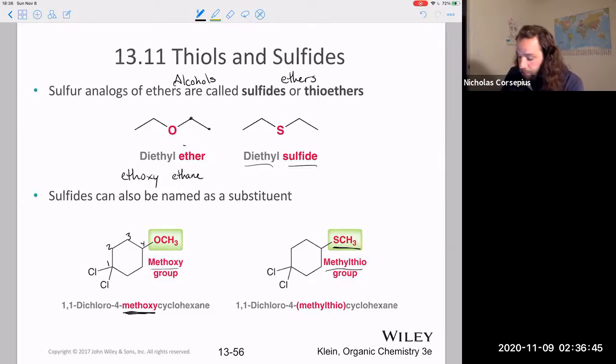So not just methoxy, you still keep the yl, and it's a methylthio group. And then, just to make things even more of a pain in the butt, for some reason I have no idea, you include that particular substituent in parentheses. So the analogous sulfide would be 1,1-dichloro-4-(methylthio)cyclohexane.